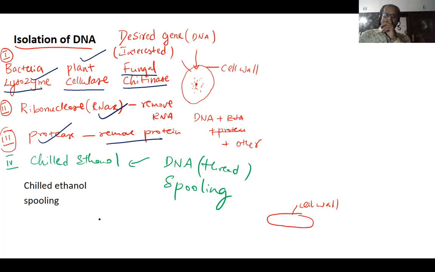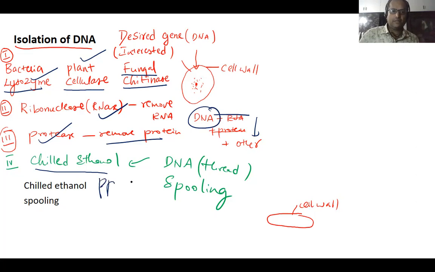Okay, fine. Now what is left out? DNA is there, but the DNA will also be with some other kinds of impurities. So now what we have to do is add chilled ethanol to this. Once we add chilled ethanol, it becomes a precipitate, and finally we can remove the DNA, which will be in the form of a thread.